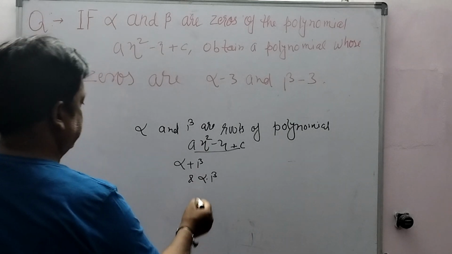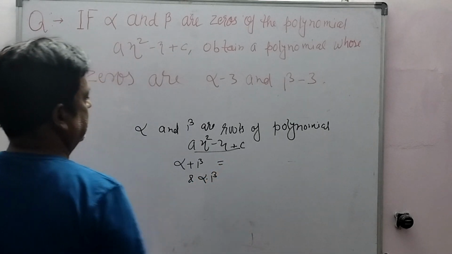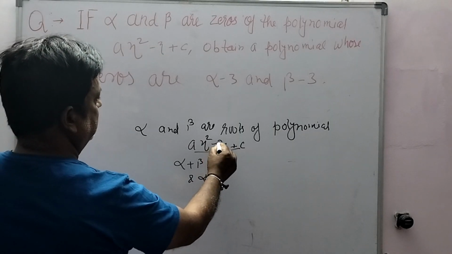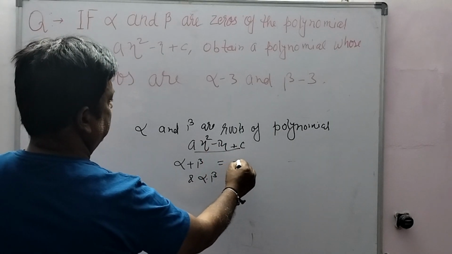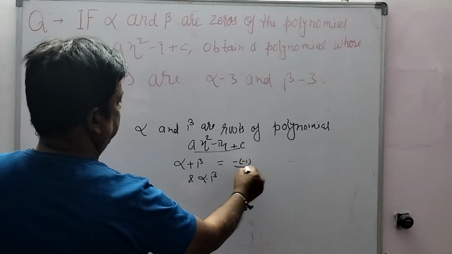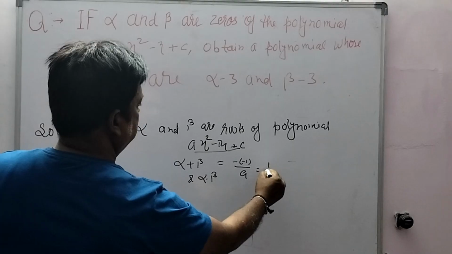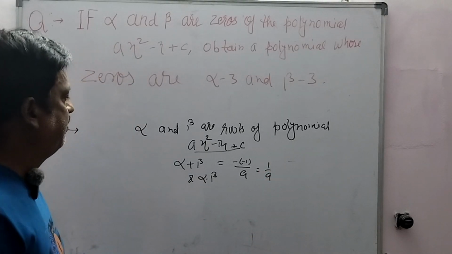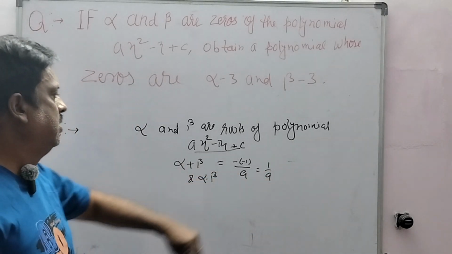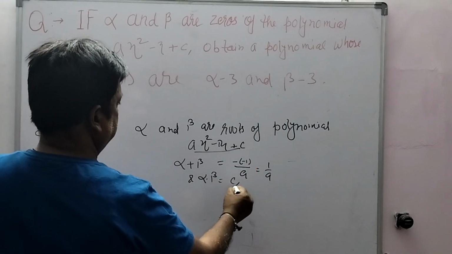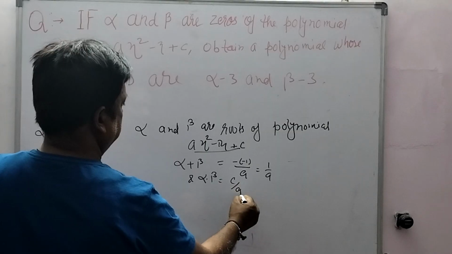So alpha plus beta, that means minus of minus 1, the x coefficient, by the x square coefficient a, that means 1 by a. Alpha plus beta equal to 1 by a. Alpha into beta equal to c by a, c over x square coefficient a.